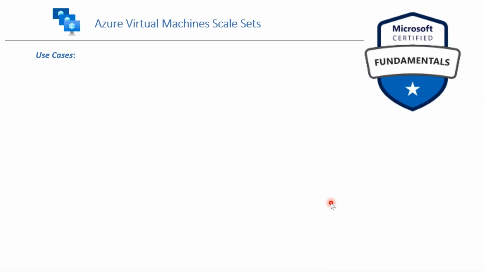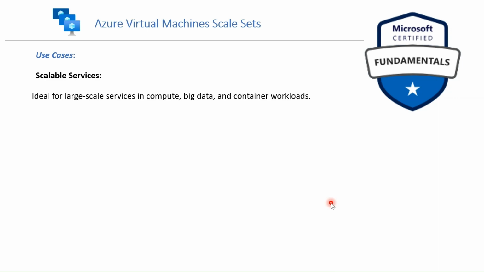Now, when do we want to use it? What's the use case? When should I use a virtual machine scale set? Where there is a need for scalable services, ideal for large scale services in compute, big data, and container workloads. When you want your compute instances to scale automatically based on demand, then you want to use the virtual machine scale set.